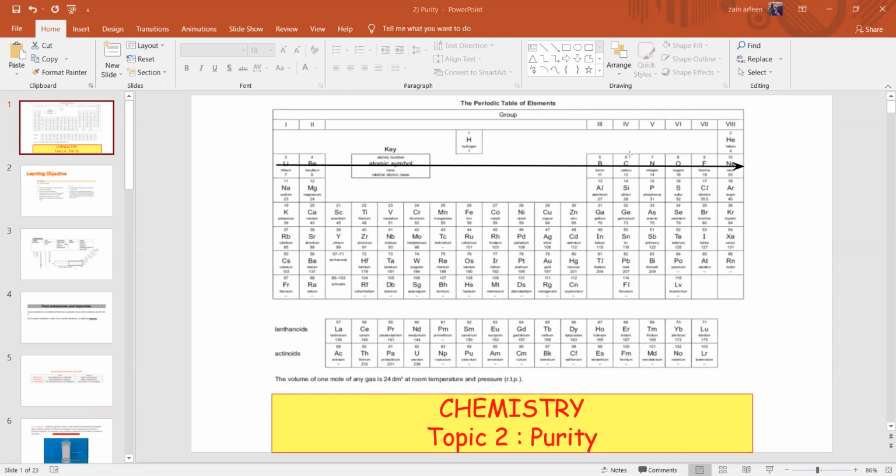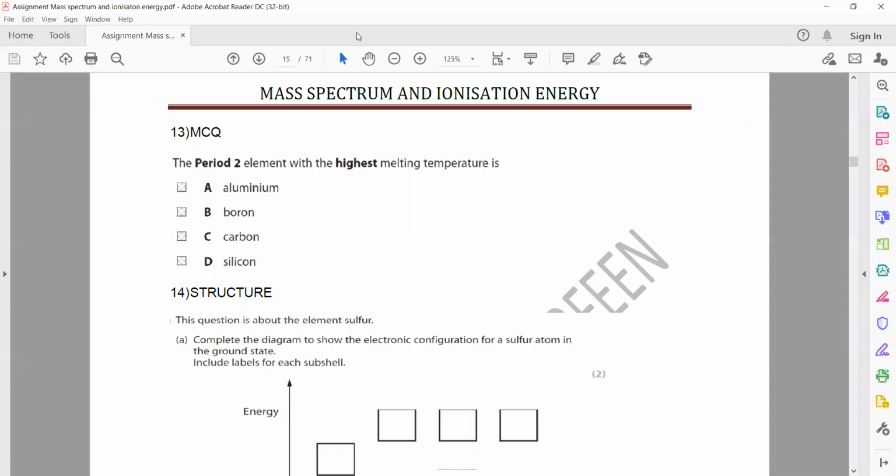So carbon will have the highest, followed by boron, then beryllium, and lithium. We have carbon here as an option. That's why C is the right answer.